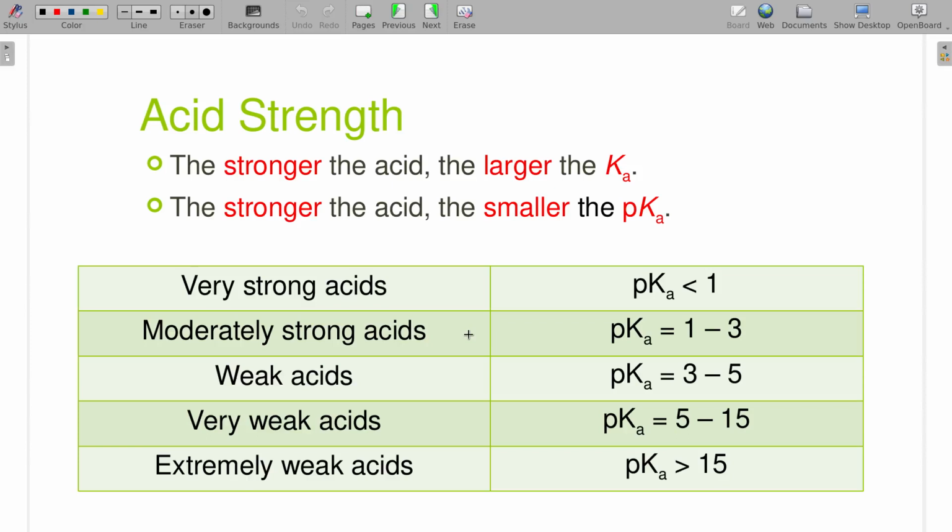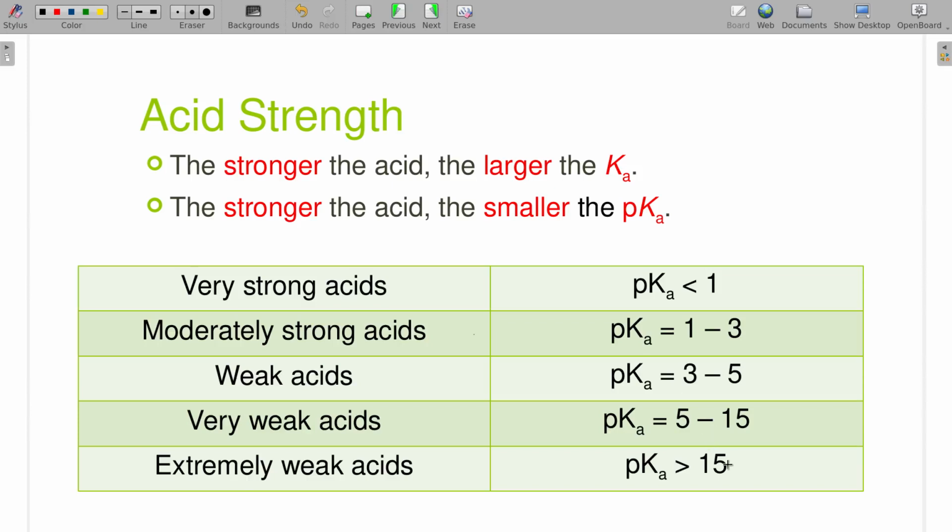And in Chem 1 and Chem 2, we talked about strong acids and weak acids. And when we got to Chem 2, we finally put the Kas in place. And our very strong acids were pKa's that were less than 1. And all of our rest that we talked about, weak acid-wise, was anything from pKa of 1 to maybe as high as 15.